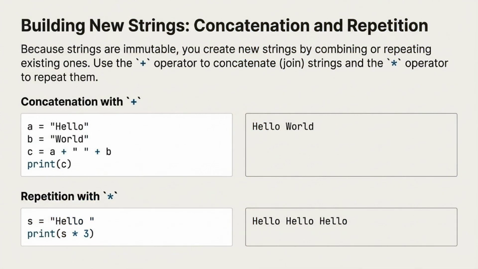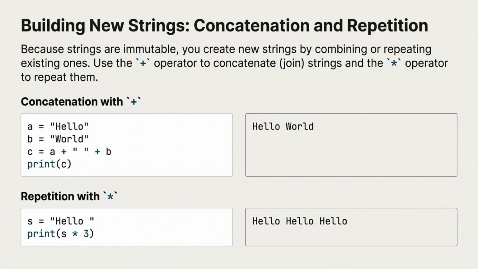Let's start with concatenation. Concatenation simply means joining strings together using the plus sign. In this example, we take the string hello and the string world, add a space between them and combine them into a new string. When we print the result, we get hello world.